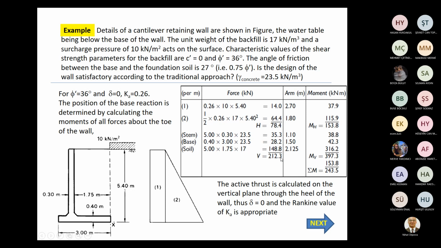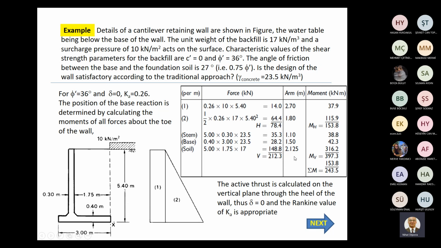Total vertical force is 212.3, and of course moment arms should be determined. For rectangular elements, just half of the dimension and distance to this point, front end of the wall.